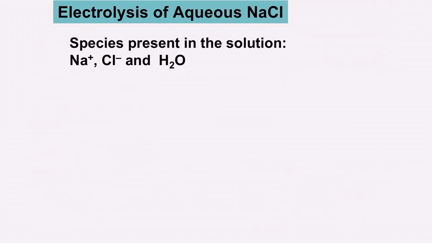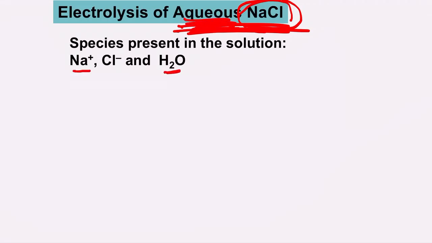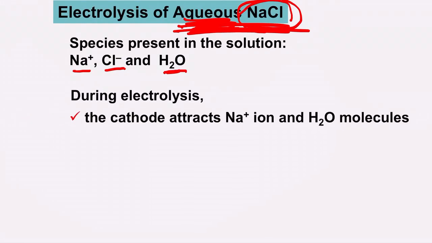So let's say you have NaCl. The ions that you have in your aqueous NaCl, aqueous meaning you have water, are Na+, Cl-, and H2O present in your solution. So during electrolysis, what will happen? Your cathode will attract your cations. Water molecules can be oxidized or reduced, so it can act as both cation and anion.